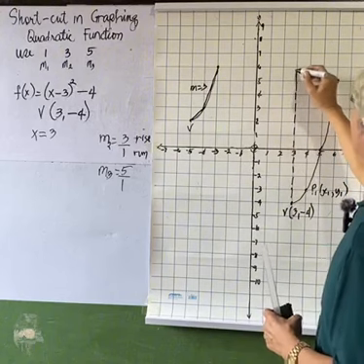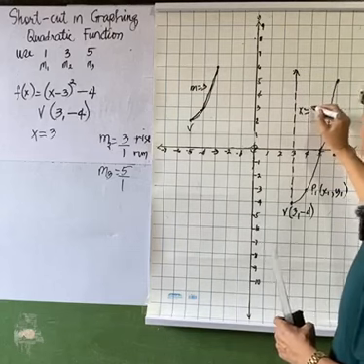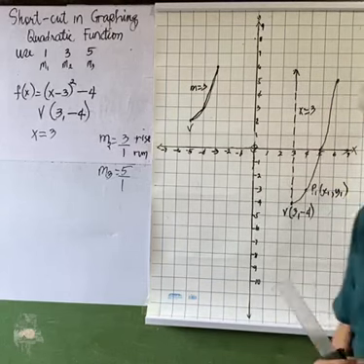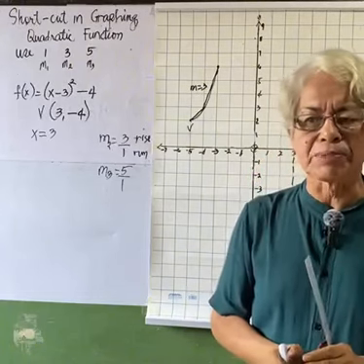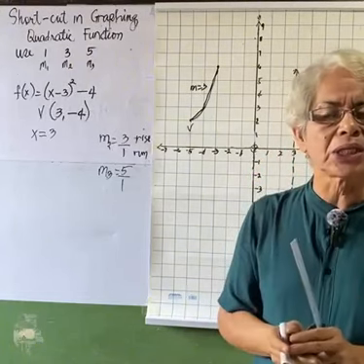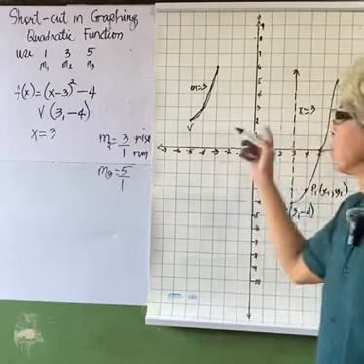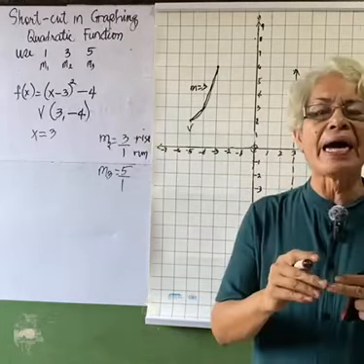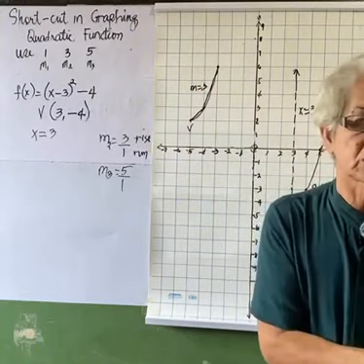So this is now x equals 3. By using the axis of symmetry, we can easily determine its symmetrical points because the axis of symmetry divides the parabola into two equal parts.